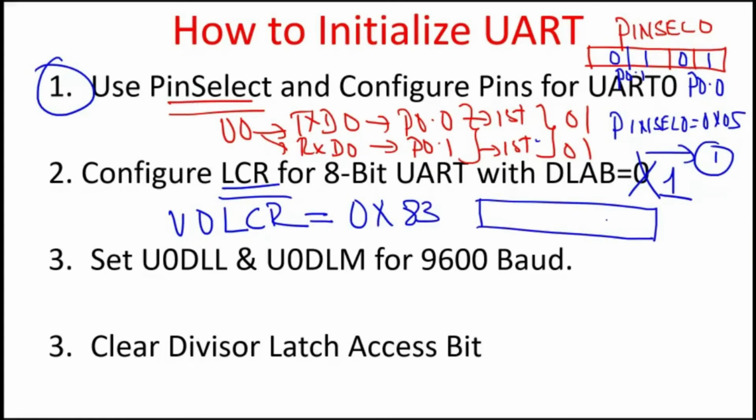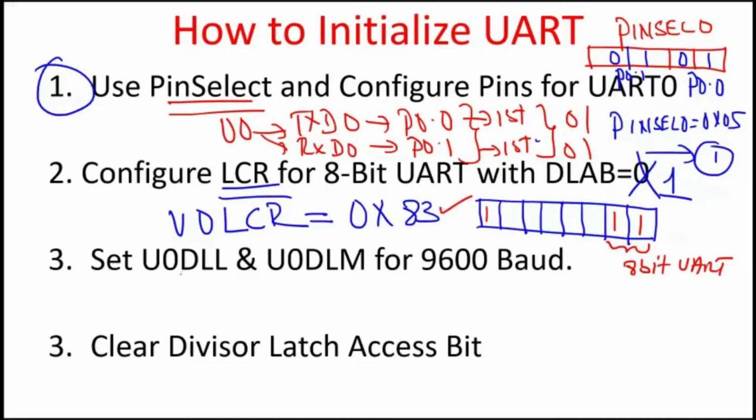You have an 8-bit register, out of which the first 2 bits are 11 for 8-bit UART. Bit number 7, the 8th bit, is the DLAB bit. I make that 1. So it is 83.